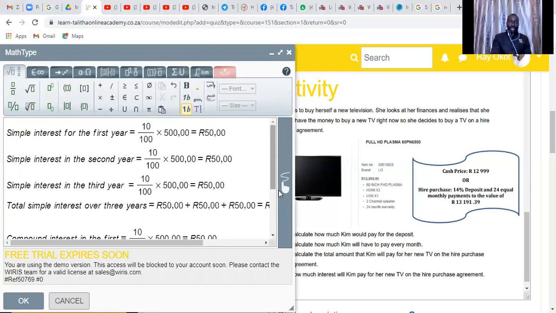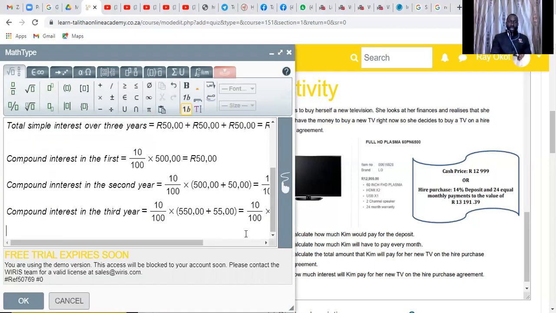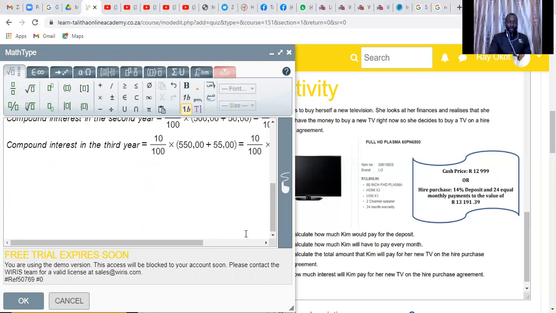So let's see how we are going to handle this section. We are supposed to do what? We're calling this the second activity. So this is activity 2.